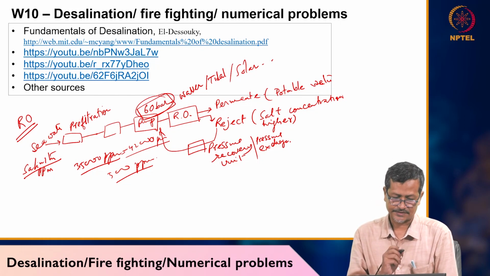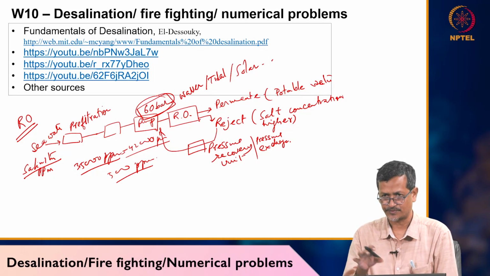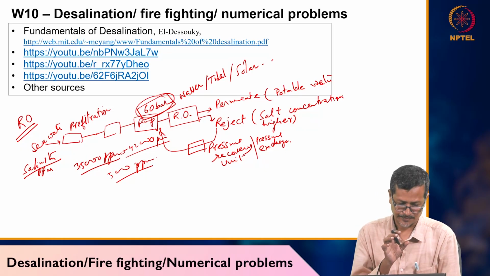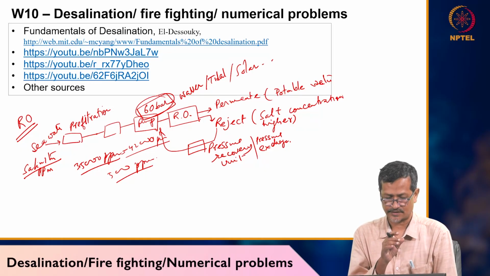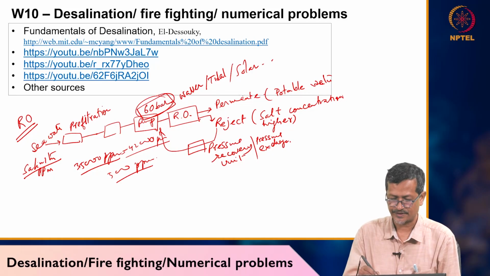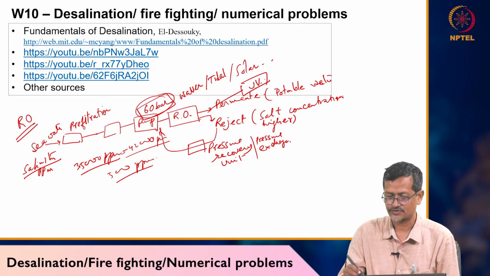Now, when you have an RO plant on your ship or in offshore machinery, it is not only the pump and RO; it also has pre-treatment systems like a sand removal process and a bacteria cleaning process. An ultraviolet UV filter will be there, and the permeate passes through it.